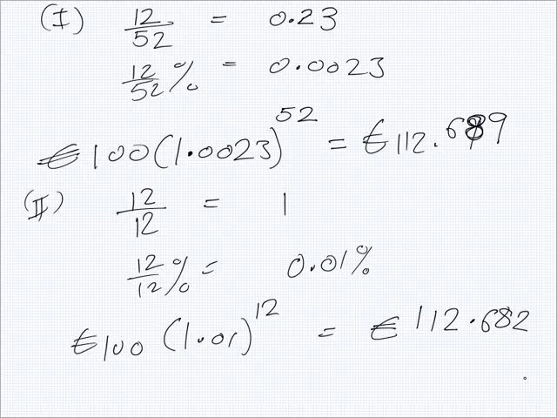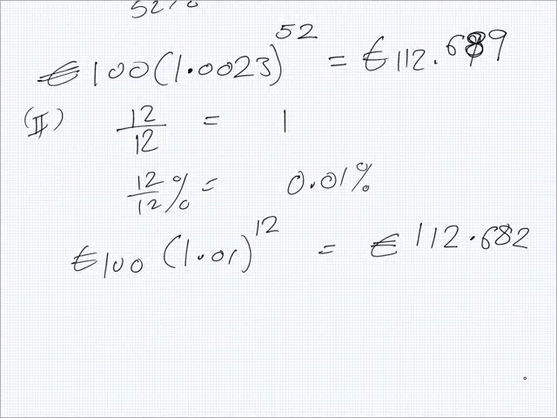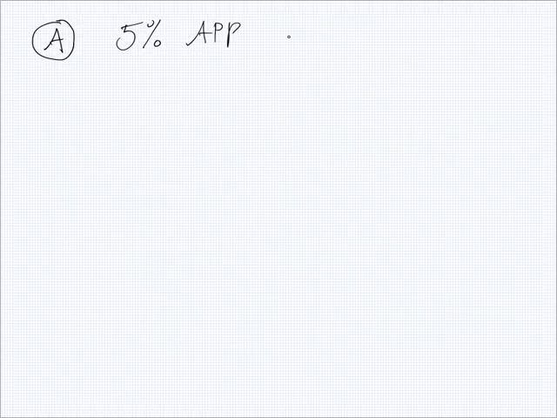I'll give you one to try. Can I scroll down? Yeah. So we'll have two banks again. We'll say Bank A will give you 5% APR compounded twice a year.